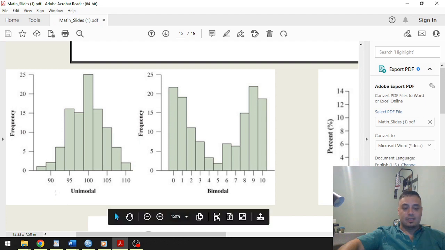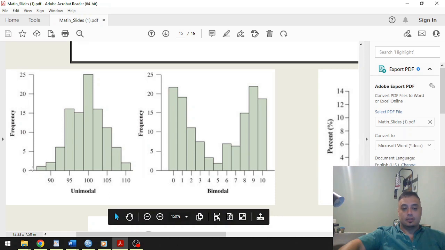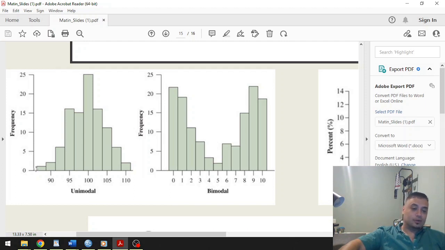If I were to use an example of a unimodal distribution, age could be a good example. If you were to look at the age of everyone in India, we would see that the age distribution goes from 1 year old to maybe 150.